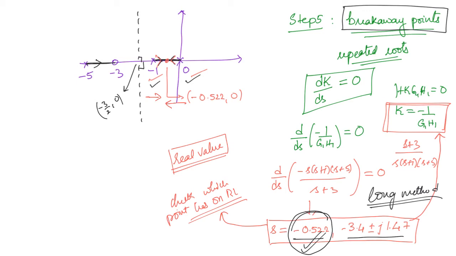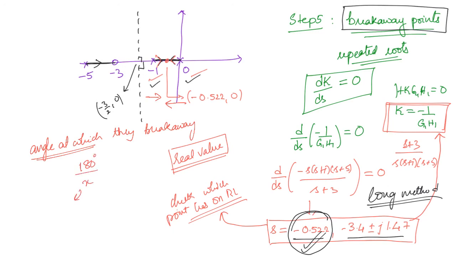We also have to discuss the angle at which the root locus branches will depart or arrive at the breakaway point, the angle at which they break away. This is given by 180 degrees divided by x.